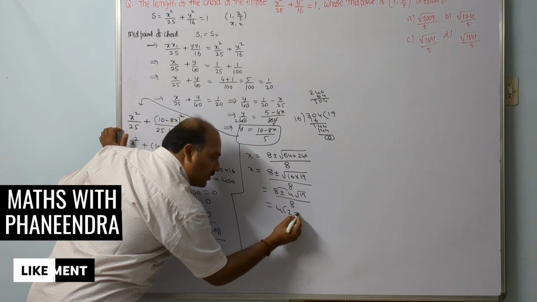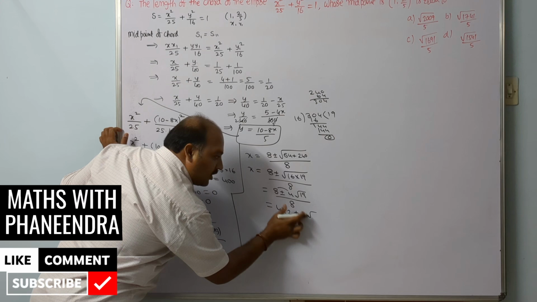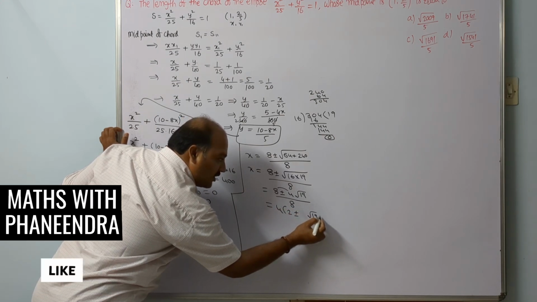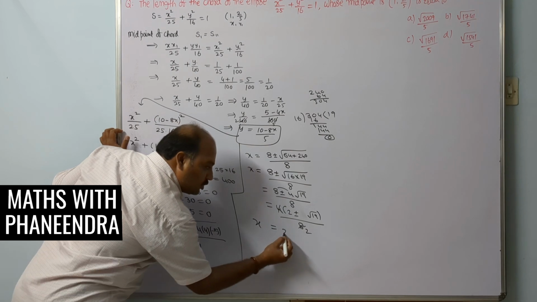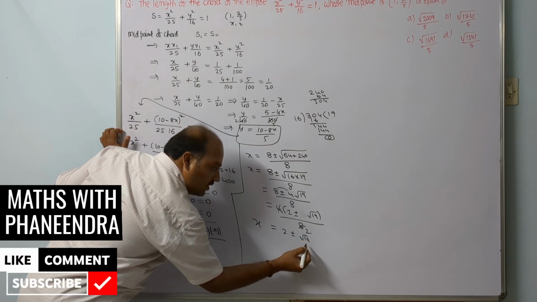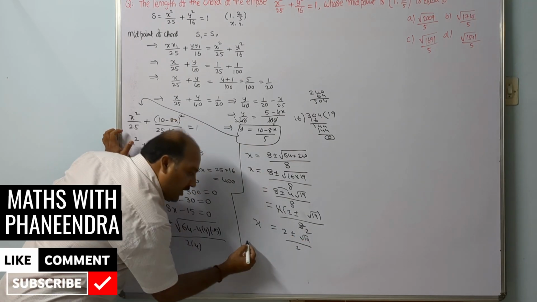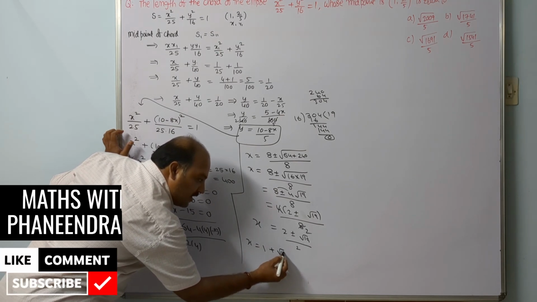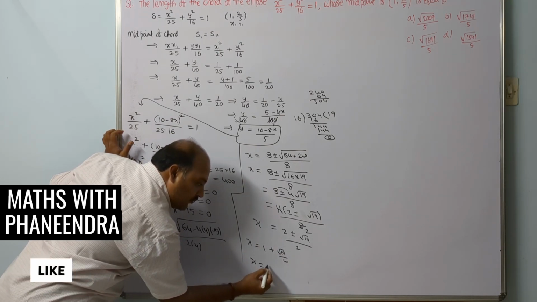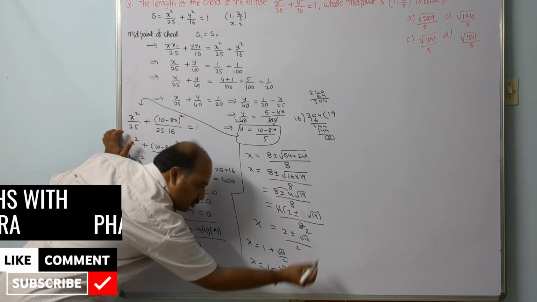Take 4 common: 2 ± root 19 divided by 8. So x values are (2 ± root 19) divided by 2. One x value is 1 plus root 19 by 2, and another x value is 1 minus root 19 by 2.